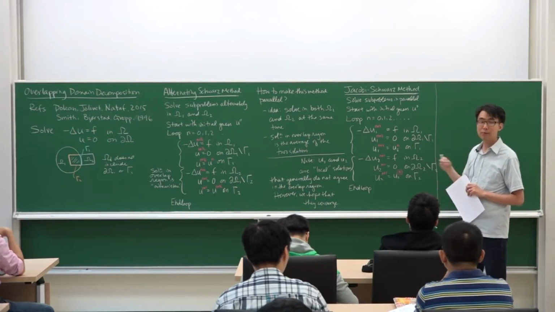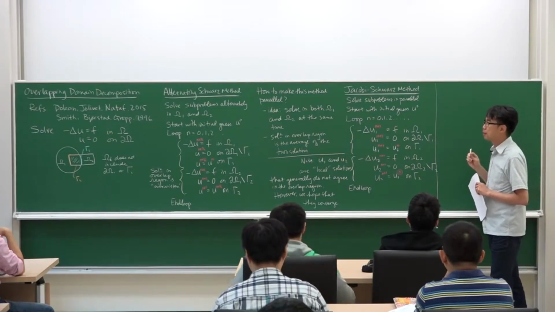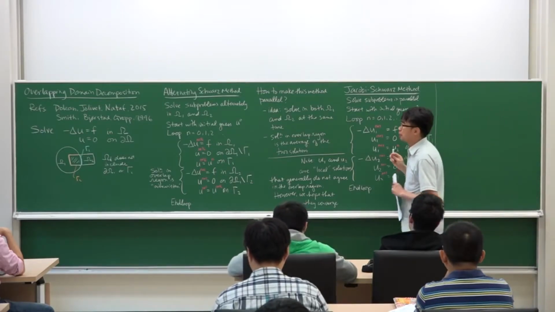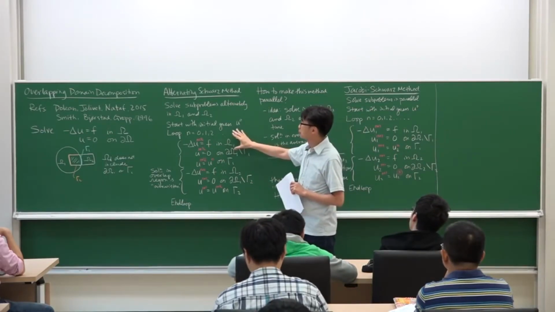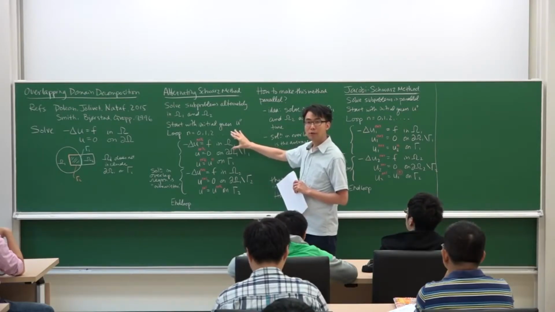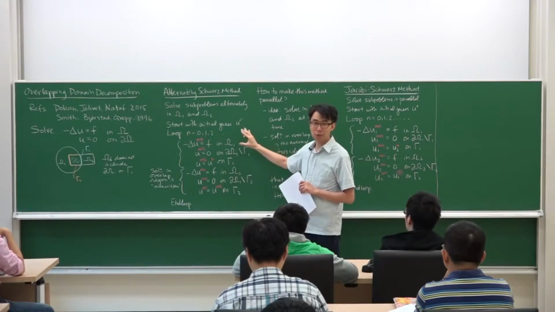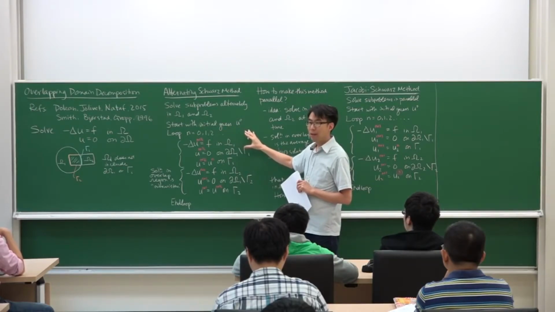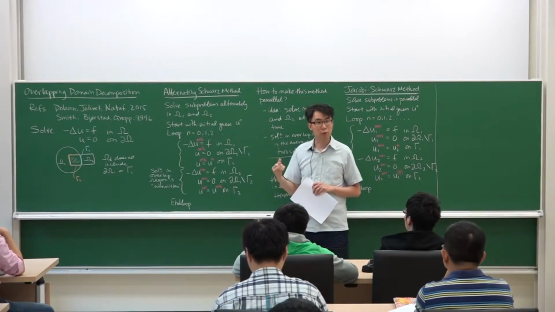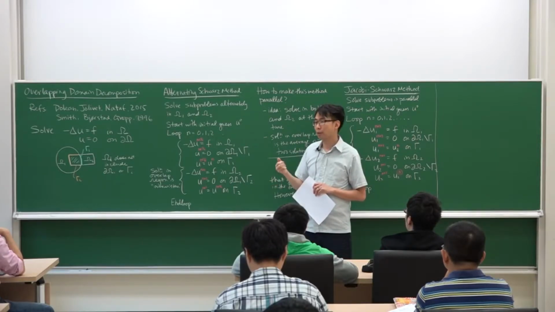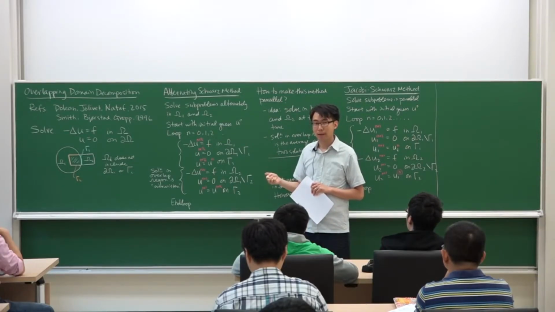In the history of domain decomposition methods, there was alternating Schwarz, and then a discrete version of alternating Schwarz, which we're going to talk about right now, called multiplicative Schwarz. From this discrete multiplicative Schwarz, we could also come up with a parallel algorithm called Additive Schwarz.